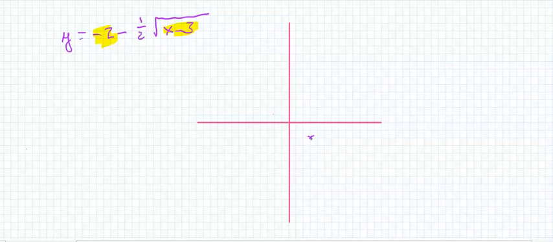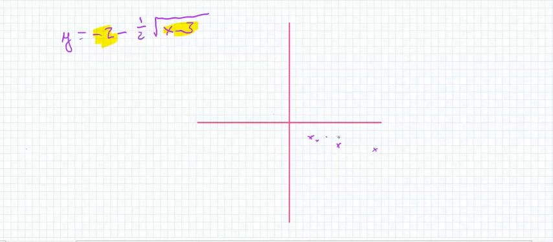Instead of going over 1 and down 1, I go down a half. Instead of going over 4, down 2, I go down 1. And instead of going over 9 and down 3, I go down 1.5, since 3 times a half is 1.5.